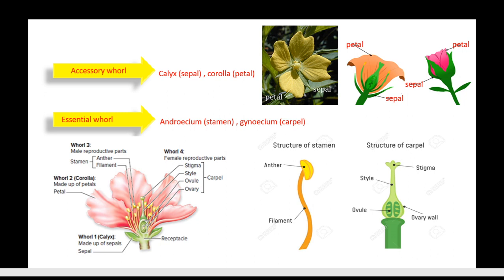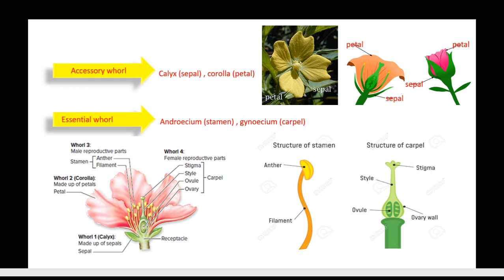One is called anther, the second one is called filament, and where the anther is connected to the filament is called the connective. It means that androecium is the third and main whorl of the flower, and it is made up of one or more stamens.